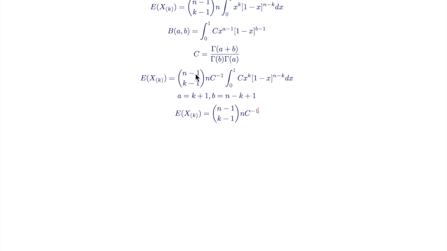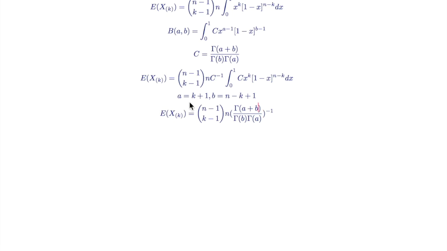So we know our expression for C is just this, to the negative 1. Cool. Where gamma of a plus b, what's a plus b?